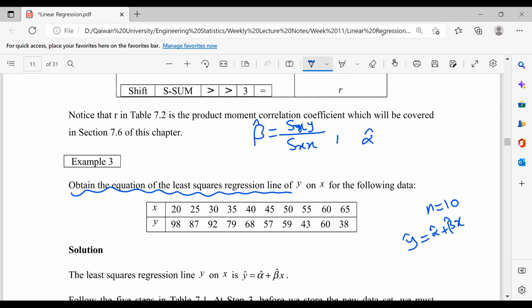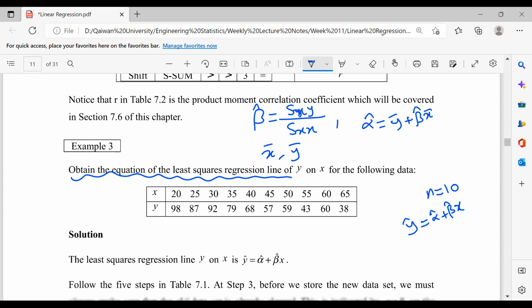And for alpha hat, after finding beta hat, we need to find x bar and y bar also. After finding these three, we can get alpha hat, which equals y bar minus beta hat x bar. We just plug these three into the equation, we get alpha hat.